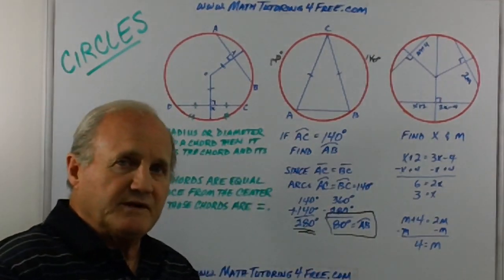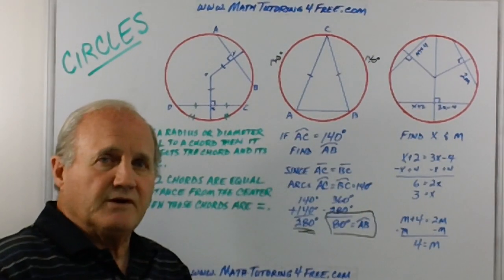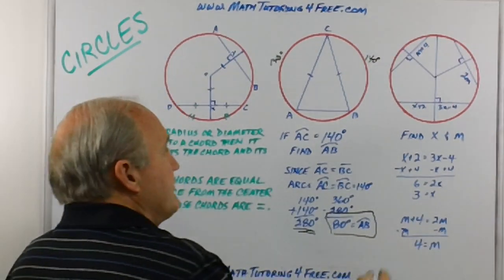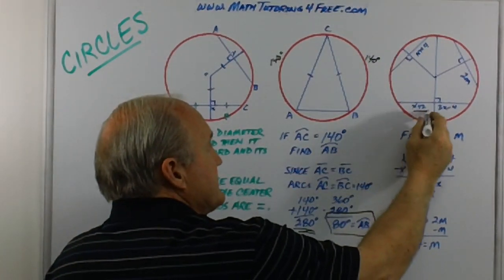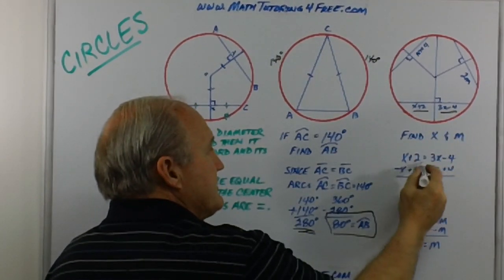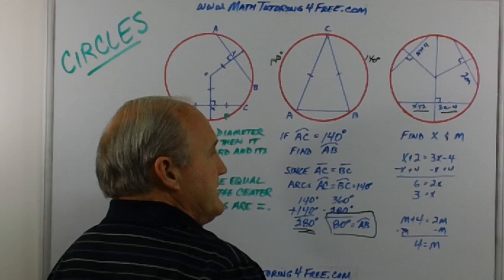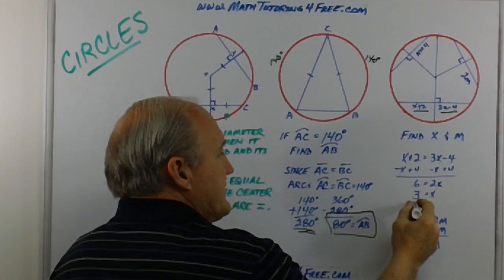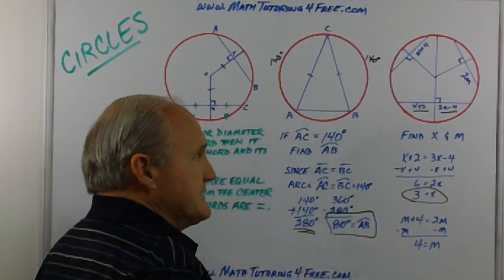If it's perpendicular, it bisects that chord into two equal parts. So if one of those parts is x plus 2, the other is 3x minus 4. All we have to do is set those equal to each other, and it's a simple algebra problem from that point on, and we get then x is equal to 3.